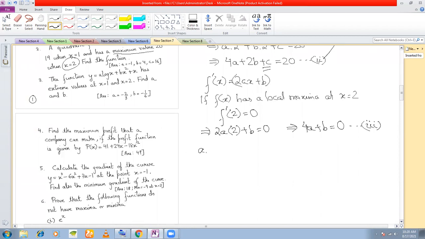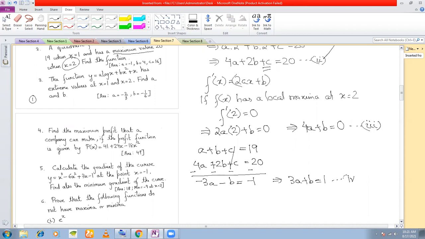So you can subtract these two equations. This cancels here. So you get minus 3a minus b is equal to minus 1. That means you get 3a plus b is equal to 1.